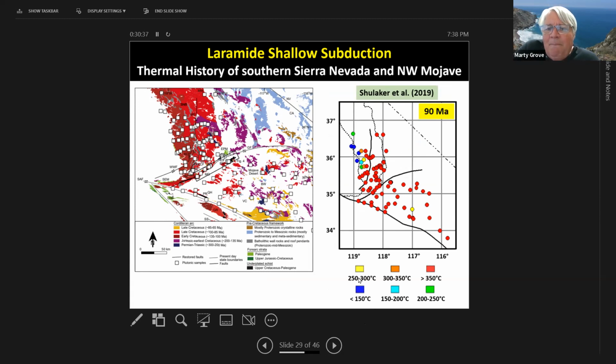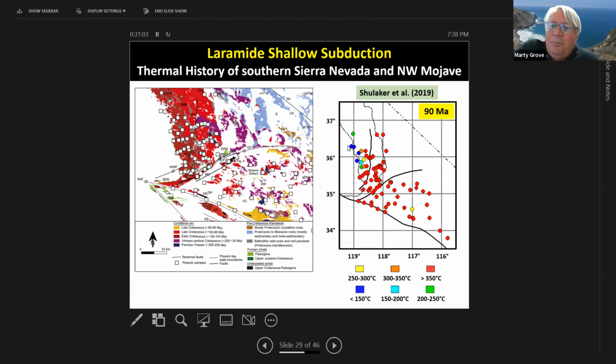Temperatures that are greater than 350 are shown in red. So at 90 million years, only a small part of the western part of the southern Sierra Nevada has begun to cool beneath 350 degrees. The eastern part of the batholith continued to be emplaced.